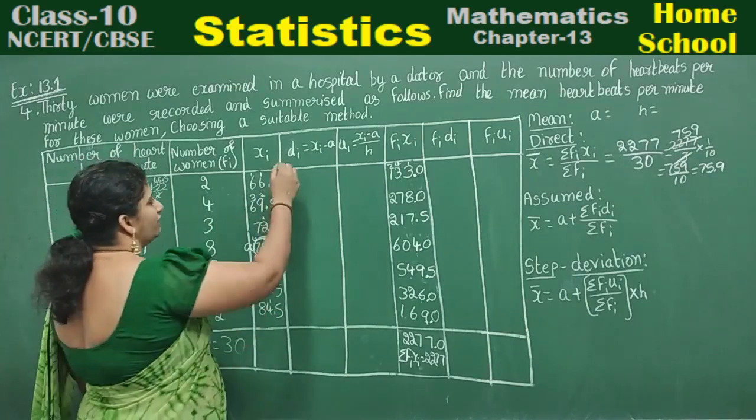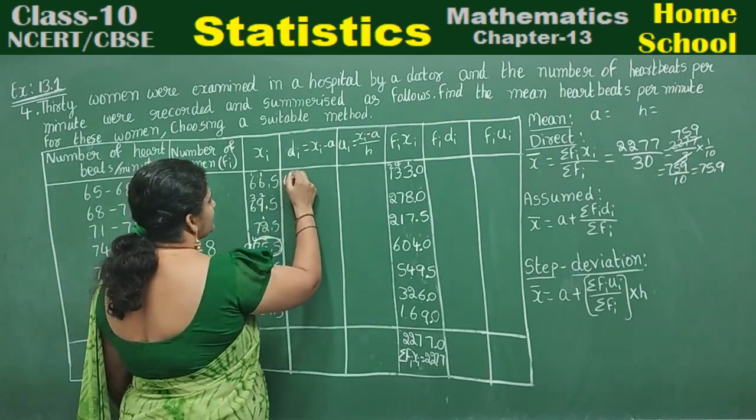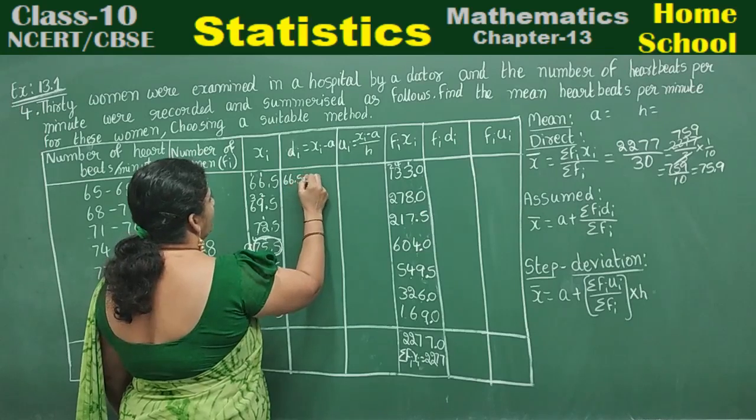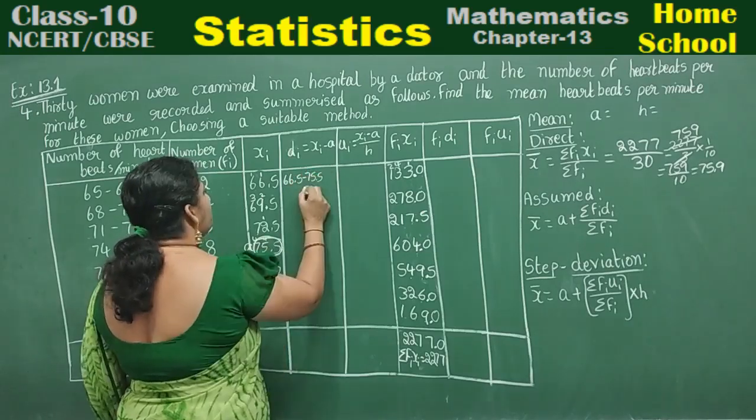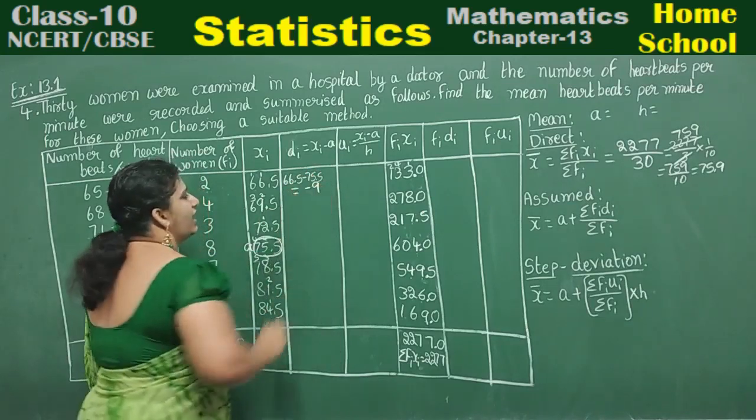75.5. Now, di. 66.5 minus 75.5, minus 9.